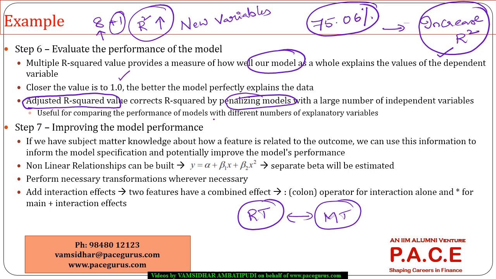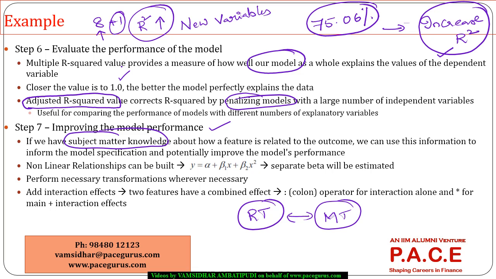If I want to improve the performance of the model, one, I need subject matter knowledge in terms of understanding which other variables could contribute to the decision variable. Did I omit any of the variables? Are there any other kinds of relationships affecting the decision variable differently, which could improve my R square?